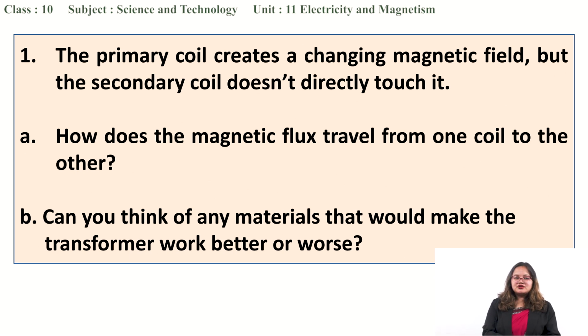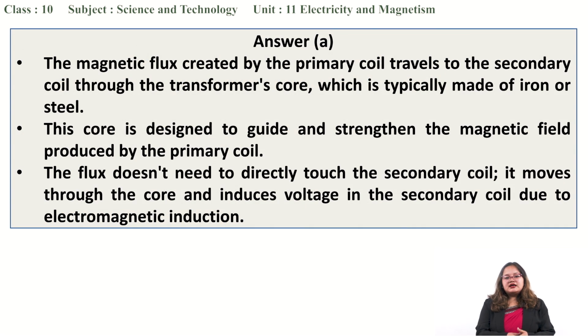Okay, so when we studied the construction, I was frequently telling that the primary and the secondary coil are kept apart. They do not touch each other directly. So how is this magnetic flux traveling from one coil to another? Okay, let's see.